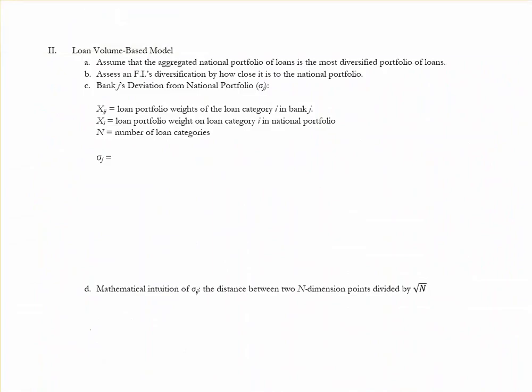Let's talk about another way to control credit risk of an entire loan portfolio, and that's a loan volume based model. So what we want to do is prevent the bank from investing too much into any one kind of loan, because if that loan defaults, then it's going to be this huge part of the portfolio of loans and will impact the entire bank's portfolio.